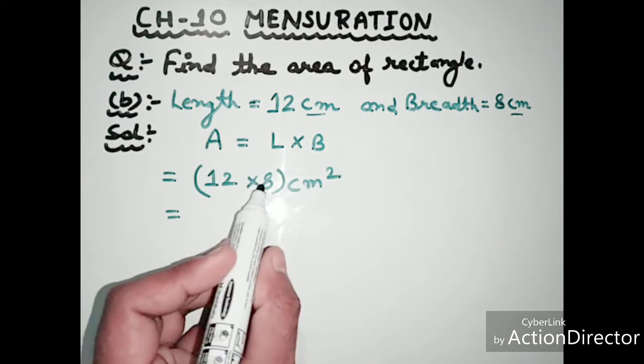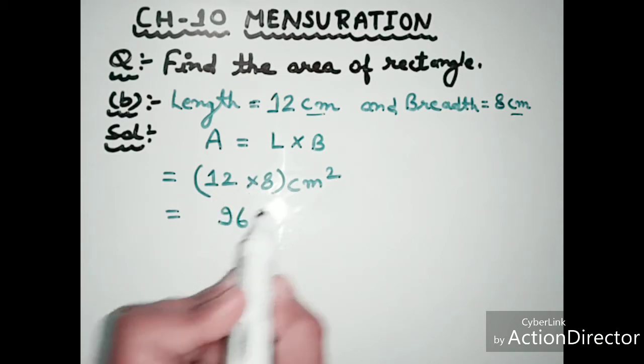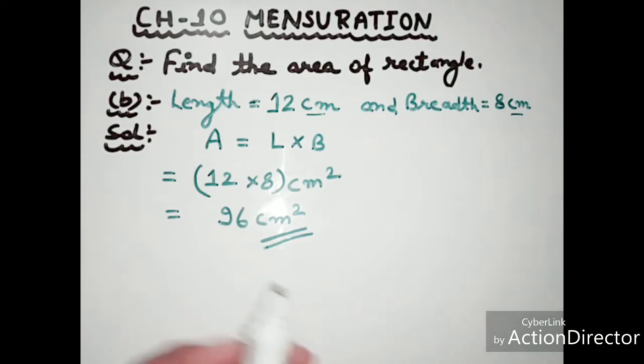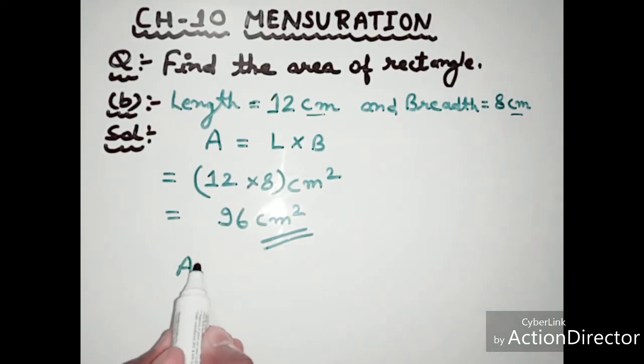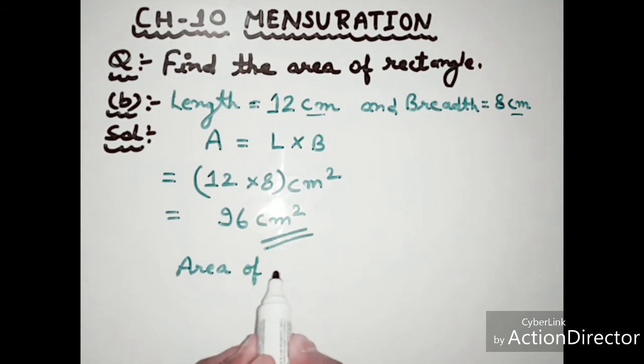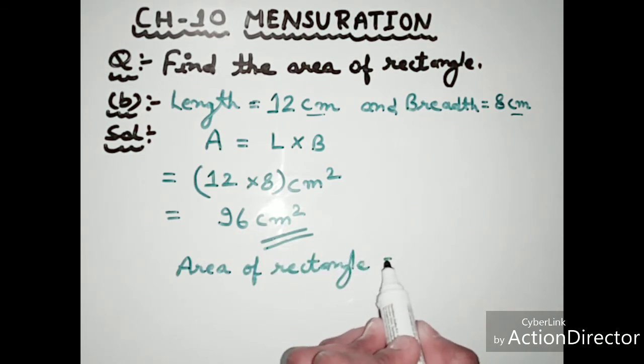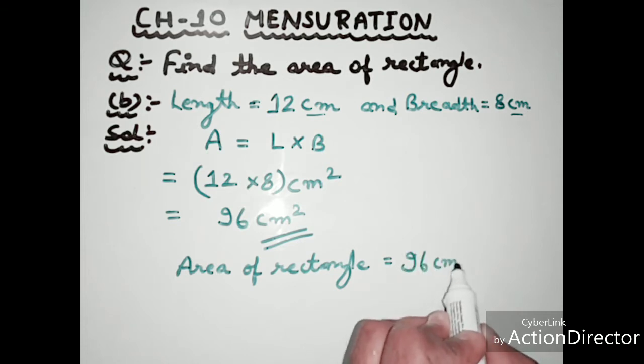So 12 eights are 96 centimeter square. So here the area of the rectangle equals 96 centimeter square.